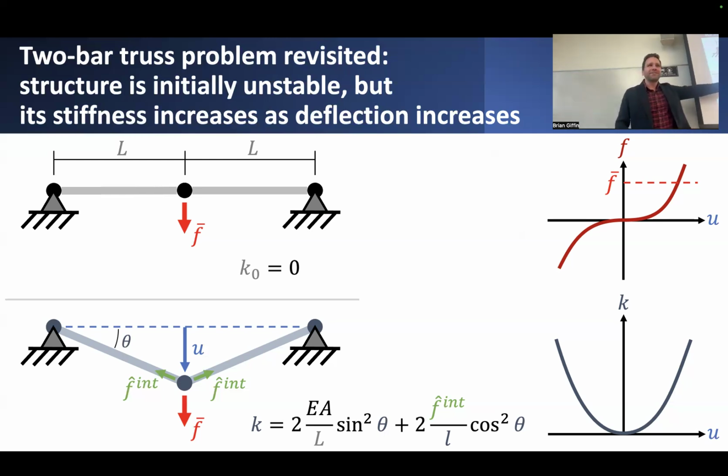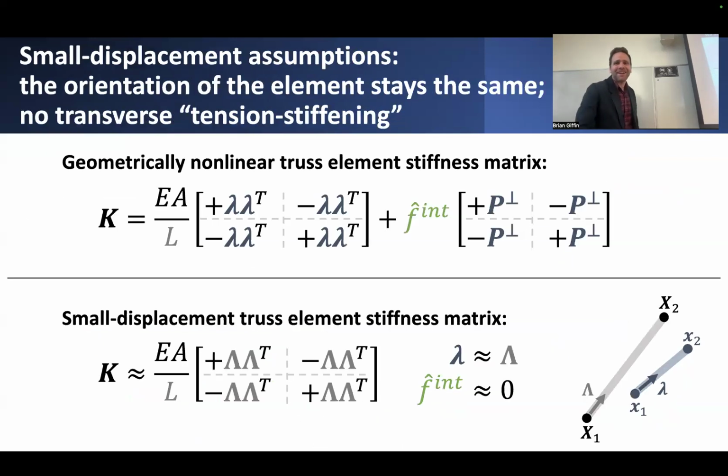It assumed that the initial configuration looked like this, and the resulting transverse stiffness would involve a term that looks like 2EA over L times sine squared of theta, where theta is this angle relative to a horizontal configuration. As theta goes to 0, you approach a perfectly straight configuration, and that contribution of stiffness goes to 0 as well. But there's actually this other contribution. Remember from the previous slide, what's the deal with this extra term?